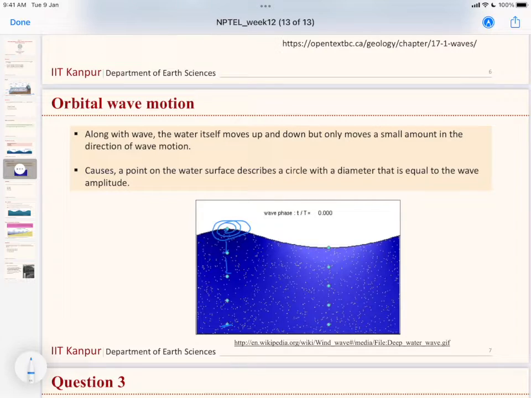In terms of radius, suppose the top has a radius of 20 meters, then the one below might have an orbital motion radius of 15 meters, and this point could have a radius of 10 meters. This is how it diminishes with respect to depth.